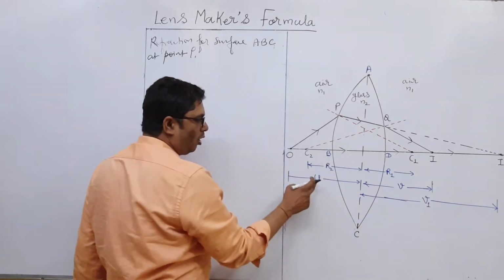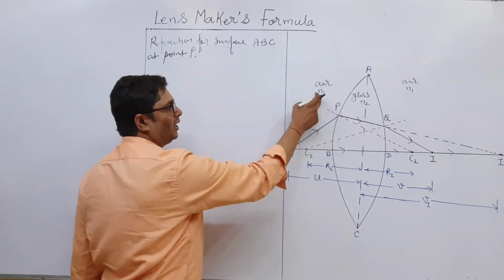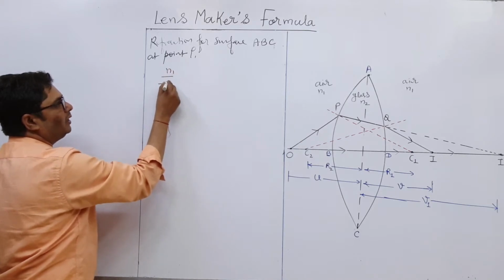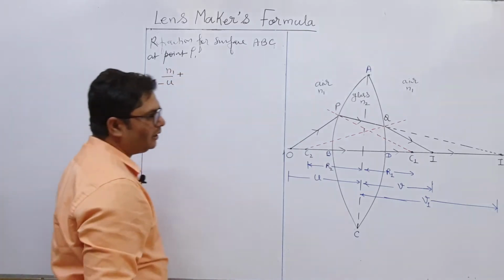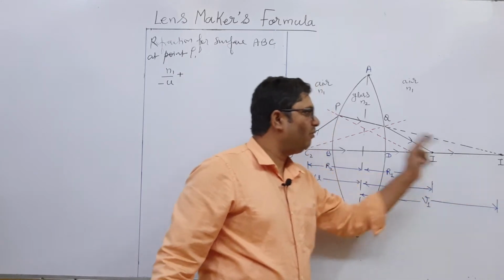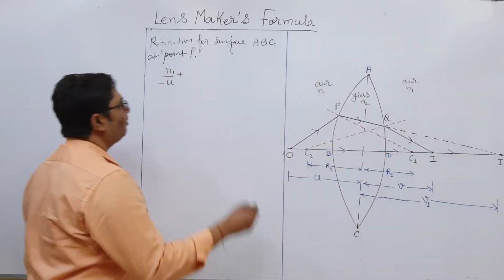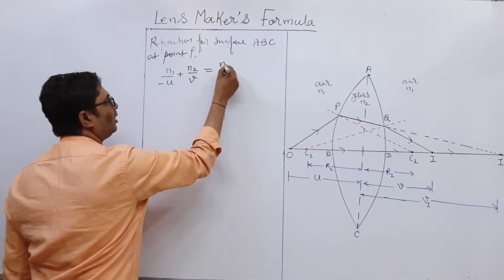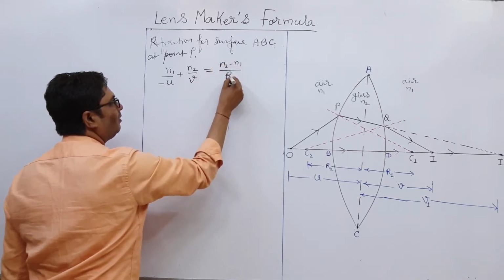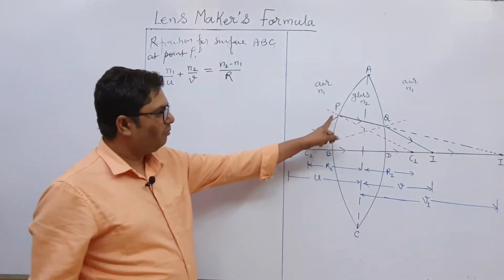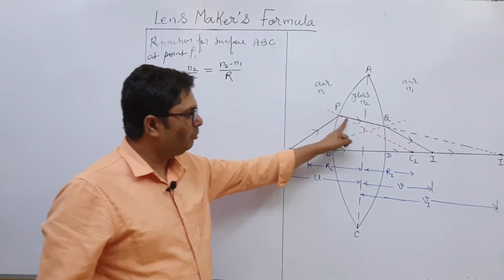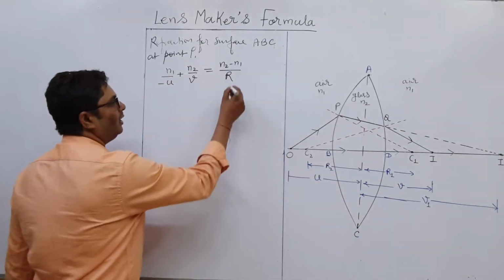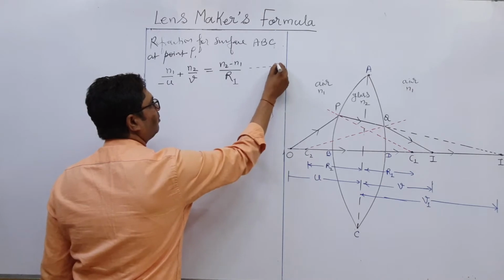This object is in refractive index N1, so we write N1 by minus U, and this I1 will be formed in the denser medium, so we write N2 by V1, which equals N2 minus N1 divided by the radius of curvature. At this point P, the surface touches C1, so the radius of curvature is R1. Let this be equation number 1.